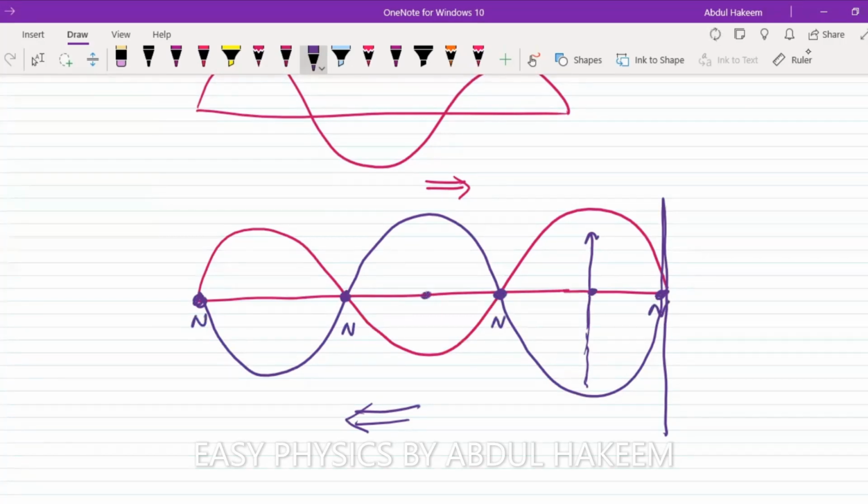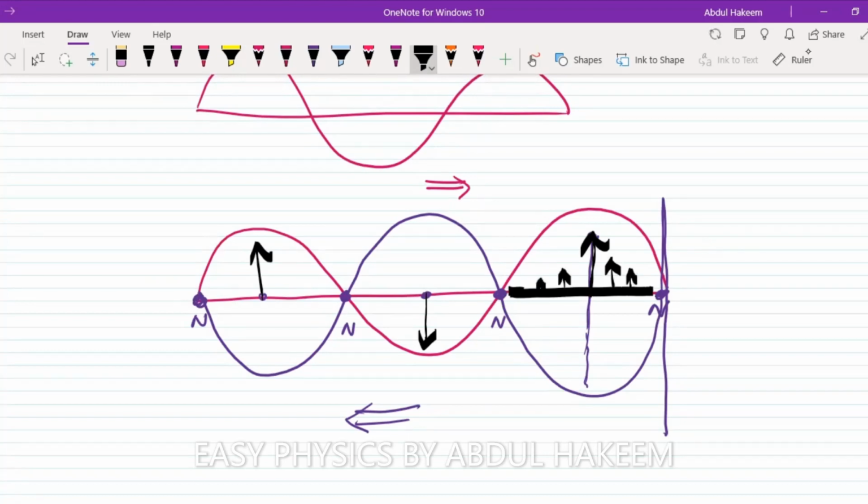But these points are antinodes. If this antinode is moving up, then this will be moving down, and this will be moving up. So within a loop, except nodes, all particles are in phase.